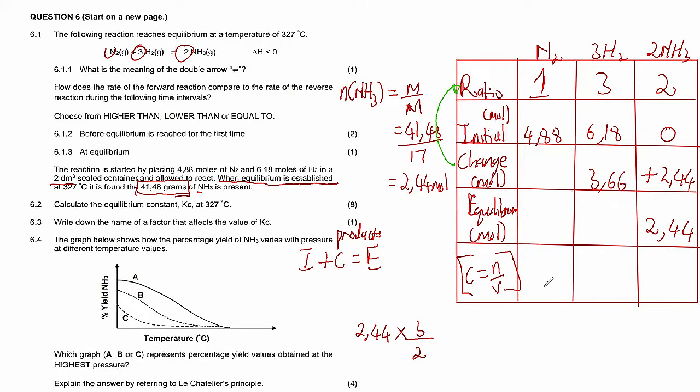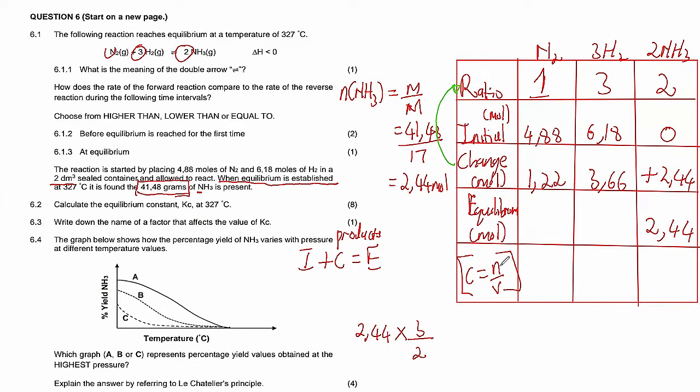And then again, when you want to find this one for N2, it's this number multiplied by the ratio of N2 divided by the ratio of NH3. So note that. This multiplied by that, then divided by the ratio of NH3. So if you say 2.44 multiplied by 1 divided by 2, then you get 1.22.